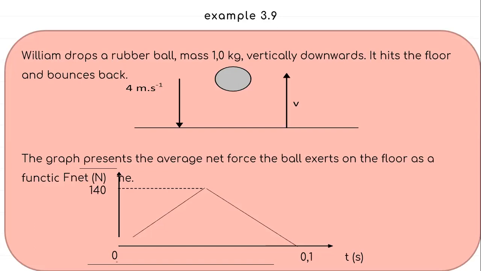So I want us to look at this question for today and see how best we can analyze it as well as answer the questions related to it. Now, they tell us William drops a rubber ball, mass 1,0 kilograms, vertically downwards.